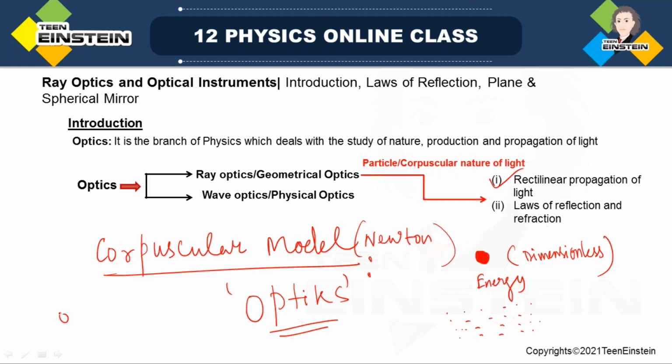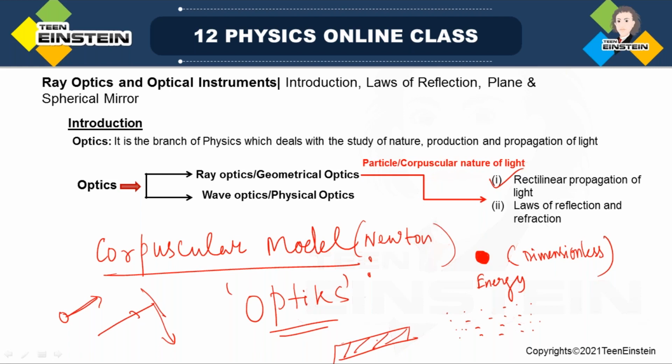see, if you just throw a ball or a small particle, it will follow a straight path. If there is an obstacle, it will be reflected back. So if the surface where these corpuscles of light are reflecting is smooth, then it can be shown that there is a reflection.